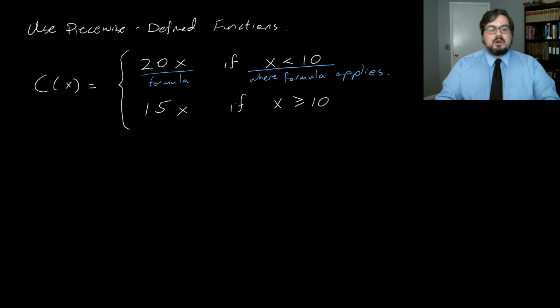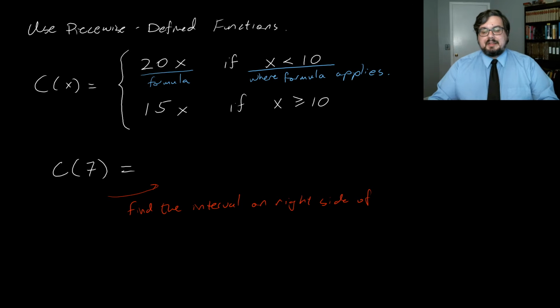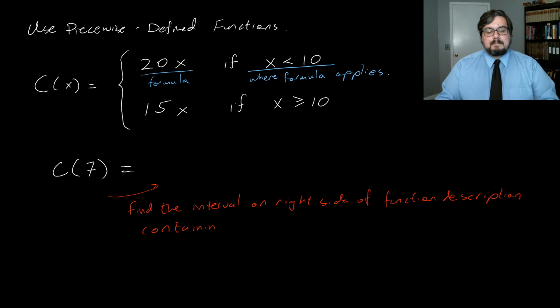So when I go to evaluate something like C of 7 here, what I do is I first find the interval on the right side of the function description containing our input.